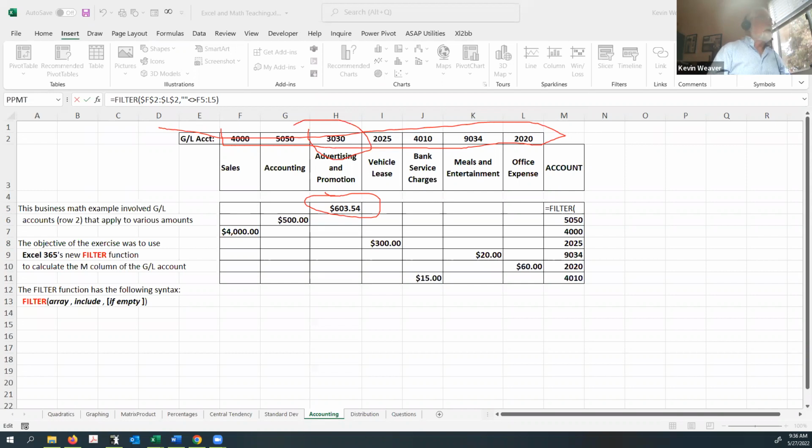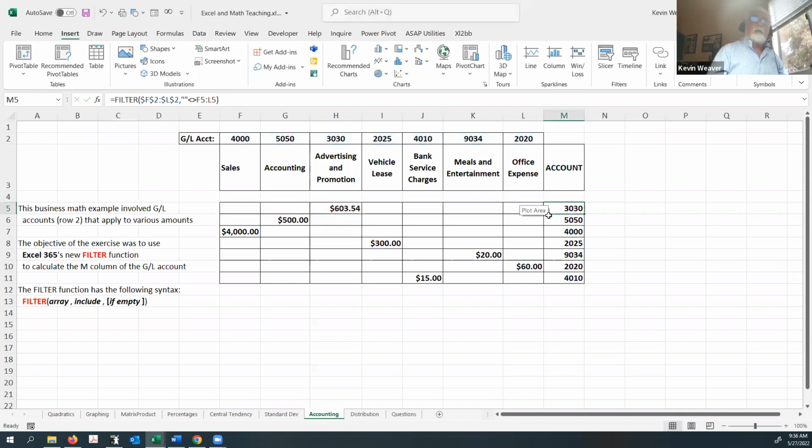And so let me get rid of all that junk on the screen. And come over here. And you see that I get 3030.